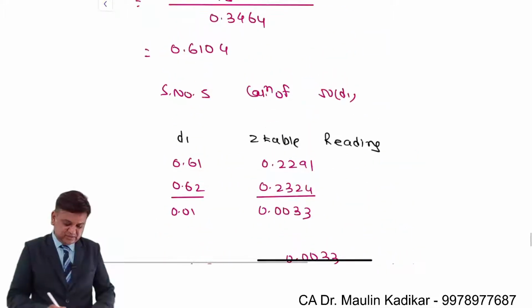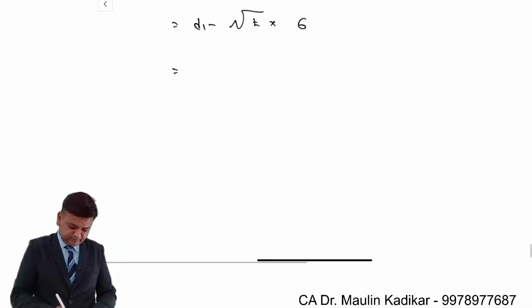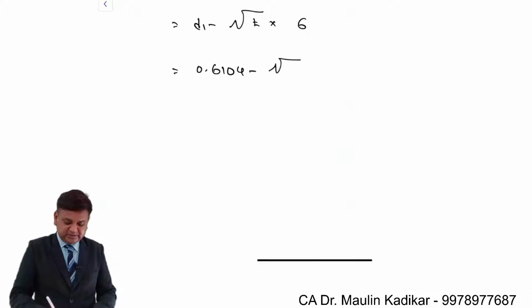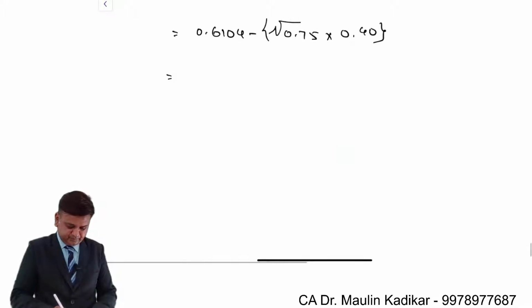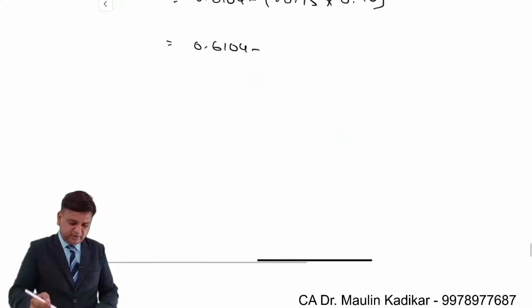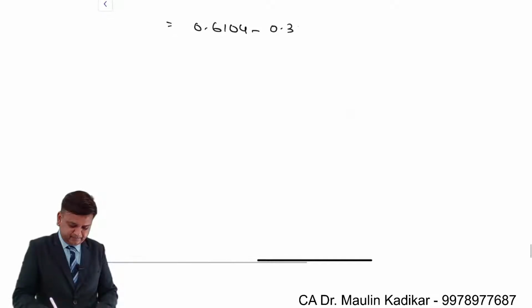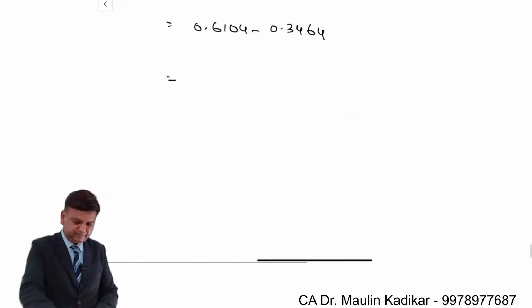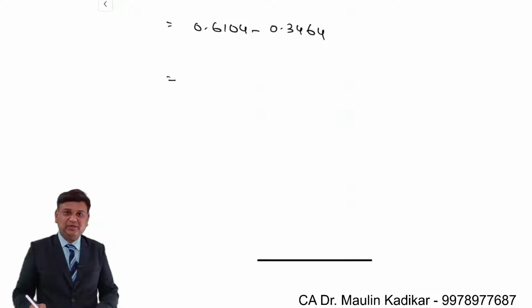What is D1 value? 0.6104 minus under root of 0.75 into standard deviation is 0.40. So 0.6104 minus 0.3464. So it is 0.2640.